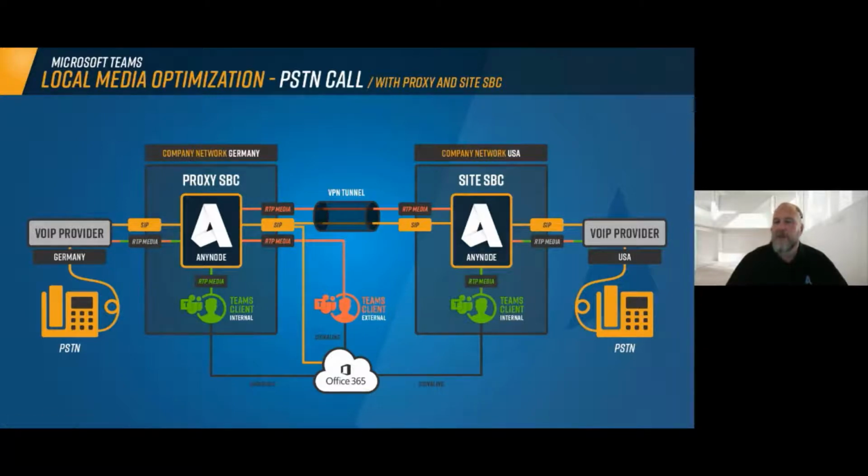That has the ability to use technology like MPLS, for example, to have a really high quality connection between two geographically separate sites over a high quality of service VPN tunnel, and then route your media over that tunnel instead of going through the general wide area network, the general internet, for example.